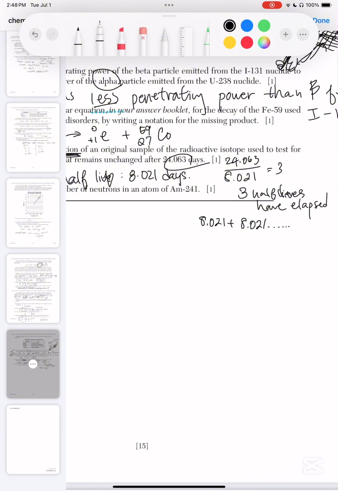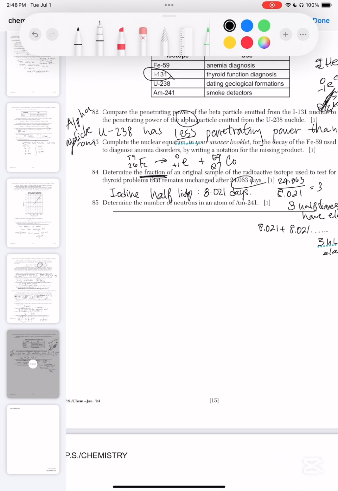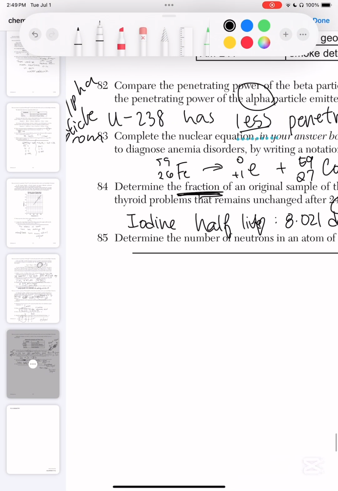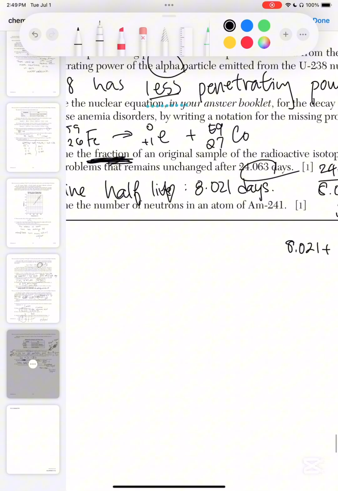But yeah, 8.021 plus 8.021 plus 8.021. Luckily, you only need to do it 3 times if you want to do it that way for this problem. So, I mean, you could do it that way if you wanted to. And then, going back to the actual question, it asks us to determine the fraction of the sample that's remained after this amount of time.